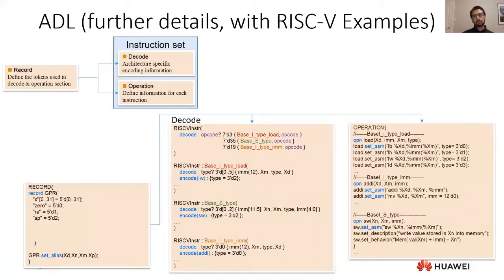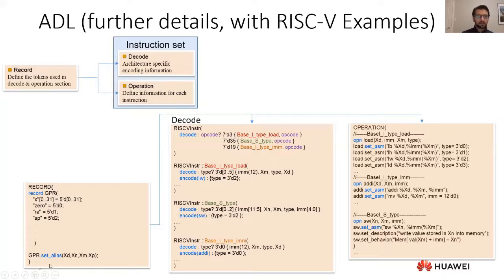So as an example, we have a few RISC-V instructions being defined in the ADL. The decode section, as we can see, describes the encoding, whereas the operation section tells us about assembly and how the operation works. So we can see the set ASM, set description, set behavior. Obviously, the set description part would be used to generate markdown, for example.